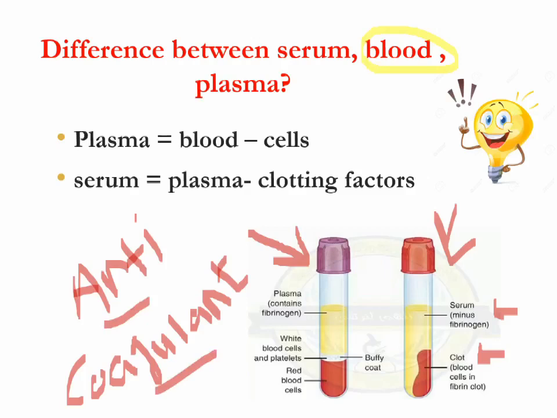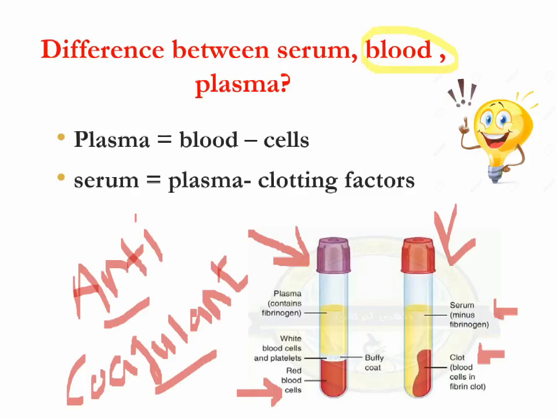Then you're going to take the tube and put it in the centrifuge, and after taking your tube out of the centrifuge, you will find it separated into 3 layers. At the bottom, you have the red blood cells, and why is it at the bottom? Because it has the highest density.